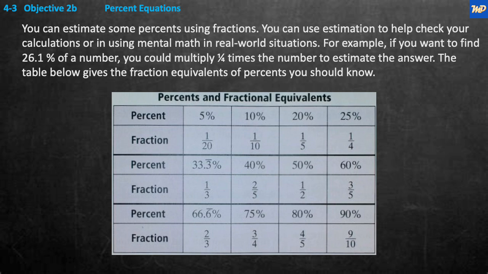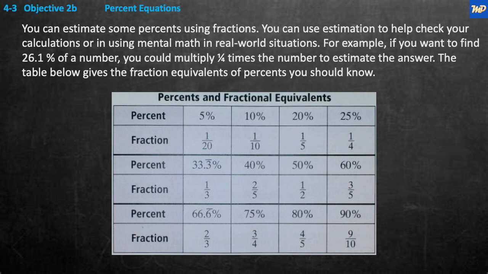Pretty close to 25%. The table below gives the fraction equivalents of percents that you should probably know. You probably already do, but let's go over them anyways. And if you don't know them, just read it a couple times. It's surprisingly fast to learn these things. But how about 5%? 5% is 1/20th.